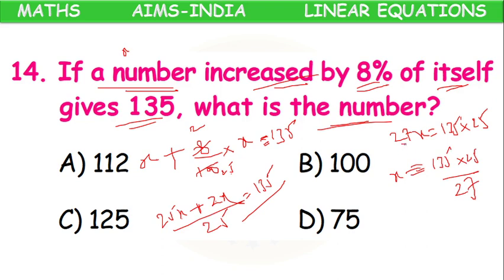This 27 will come down. 27 5 times is 135. 5 into 25 is 125. So x equals 125. C option is the correct answer.